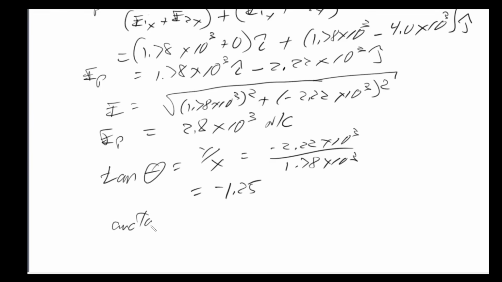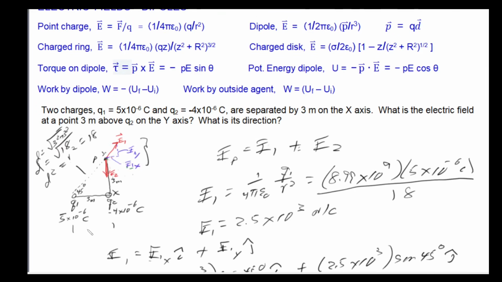So the arctan of minus 1.25 turns out to be minus 51 degrees. So that's the direction, theta. So if we go back to our drawing, now we know the magnitude and we know the direction, so we can say that our final vector is at an angle of minus 51 degrees, which would be about like that, and this would be the final electric field at P.